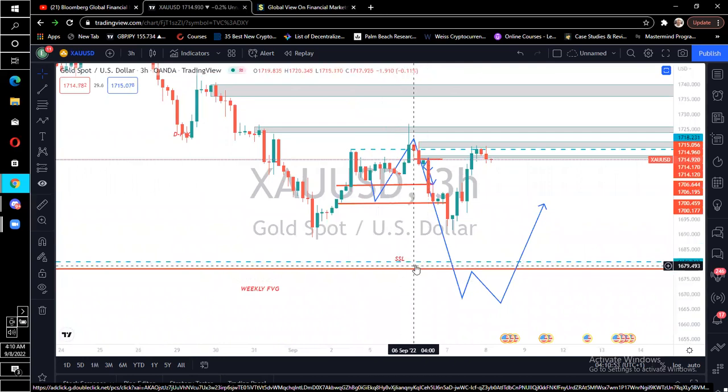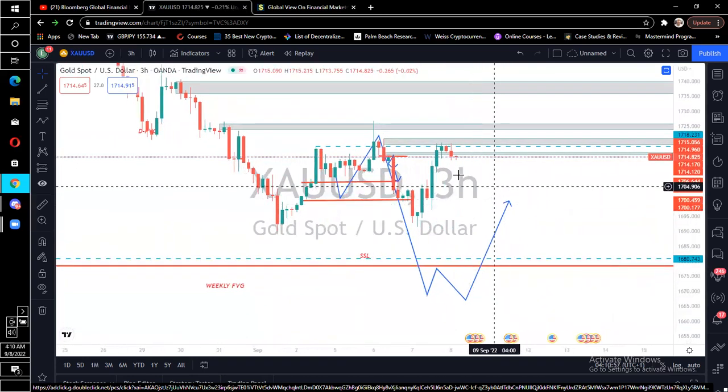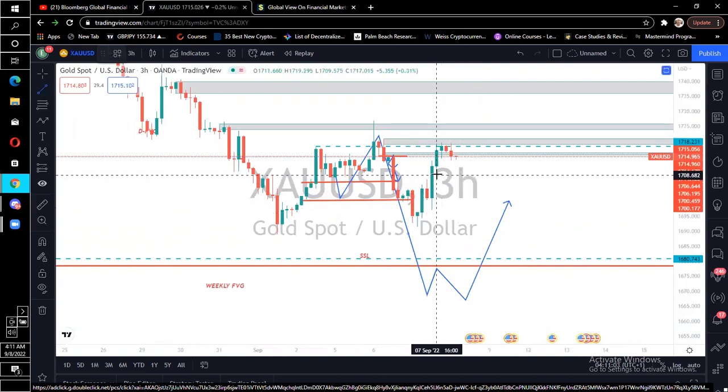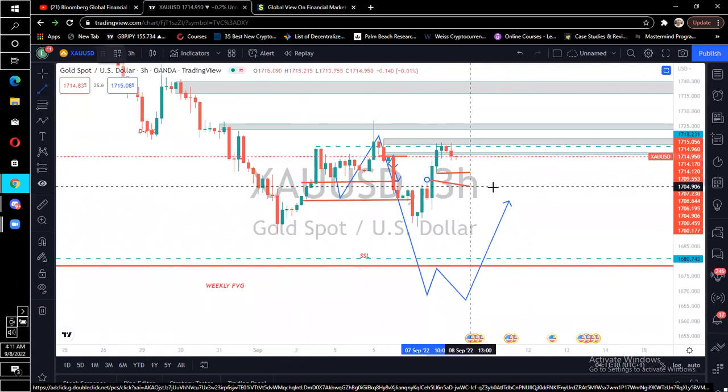Now, this sell stop liquidity level here has not been taken out. But then we'll have this. This level is broken out. We'll have this. So what I'll be expecting from gold is to go long from here.